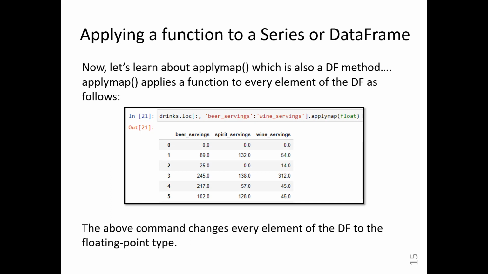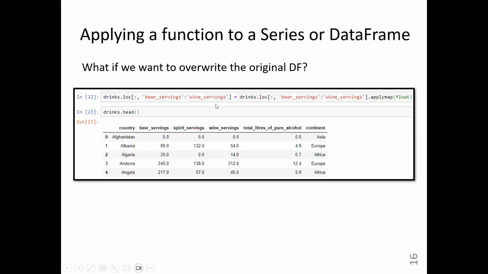The answer is no. If you want to replace them, what you need to do is say drinks.loc, the same data set, and then equal to a float version of it. Now it is replaced. Does that make sense? Please give it a shot. And after you're done, check the first 5 rows. It should show you 0.0, not just 0.